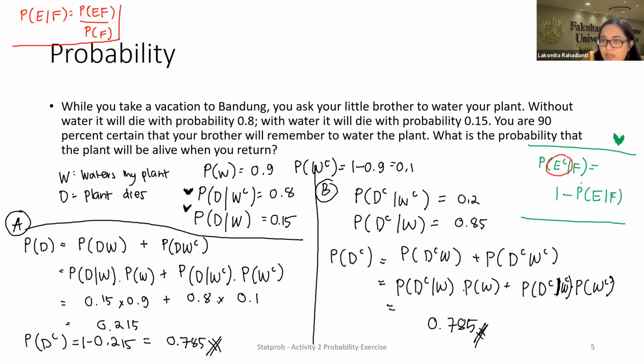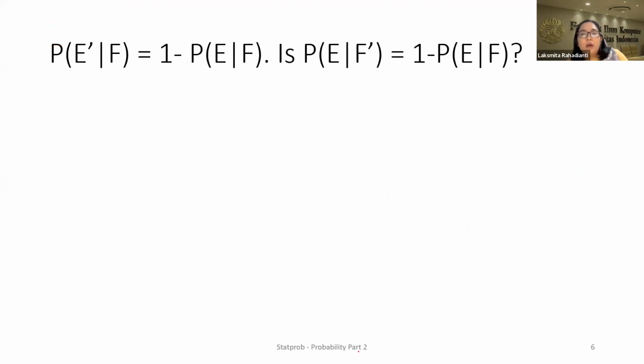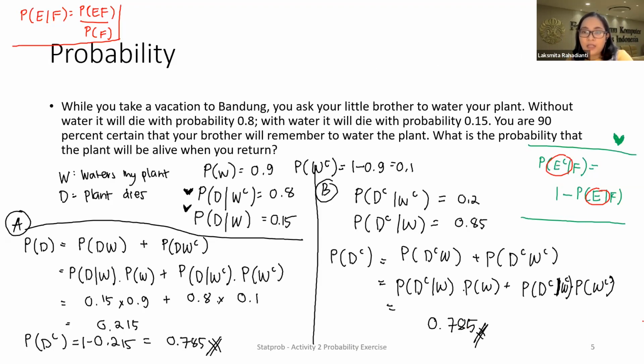But if we consider the complements of each other, they will be 1 minus. So my question is, we have proven in our previous example that this is correct: P(E complement | F) is indeed equal to 1 minus P(E | F).